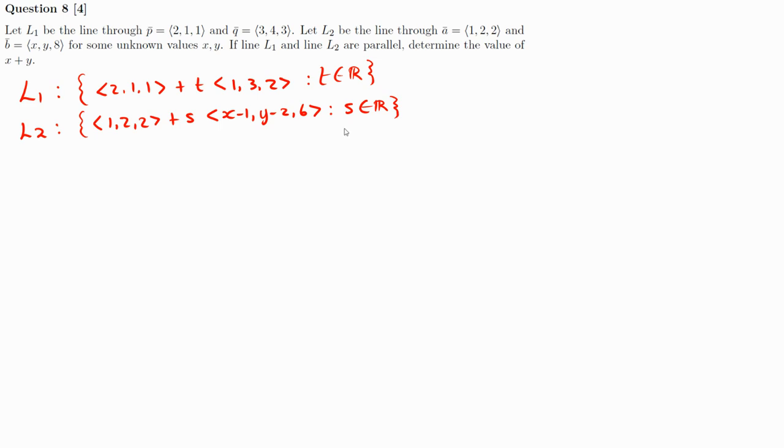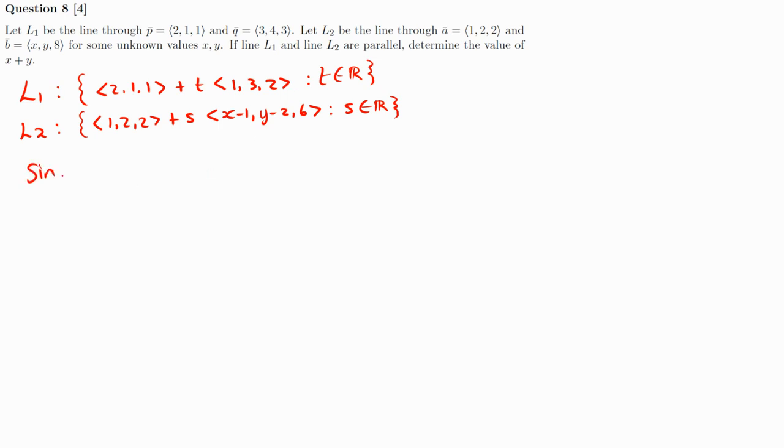Okay, so now we have two formulas. Okay, and we want to determine where these are parallel. So if these lines are parallel, determine the value of X plus Y. So if they're parallel, it means that these two are scalar multiples of each other.